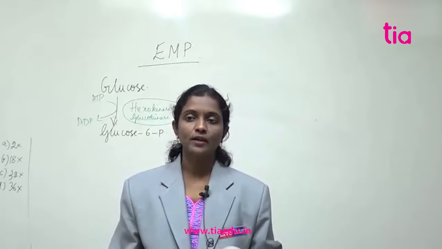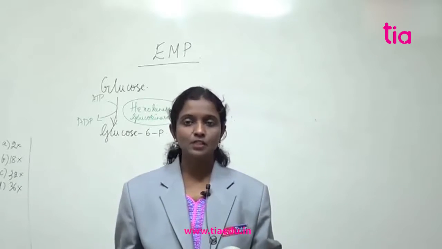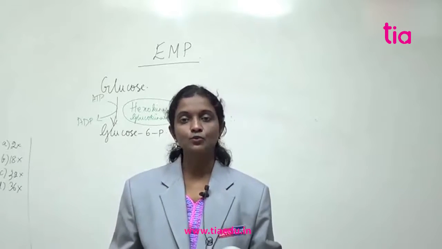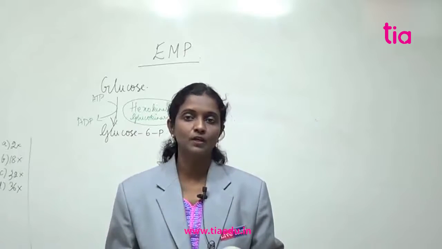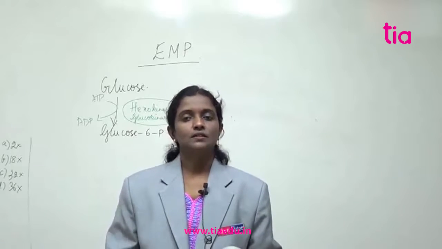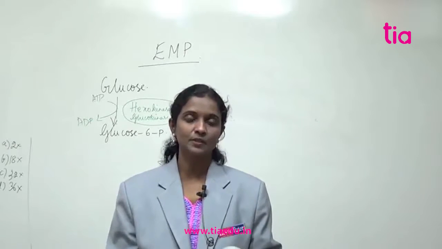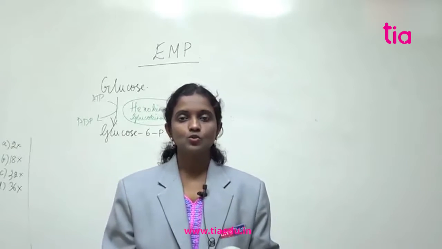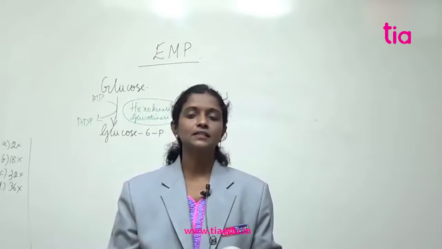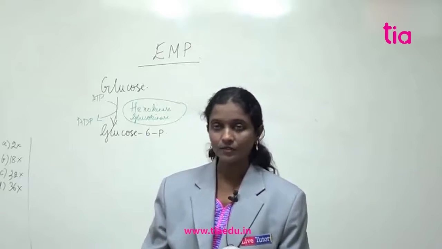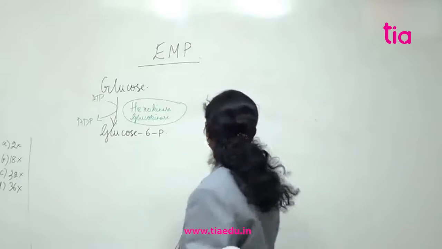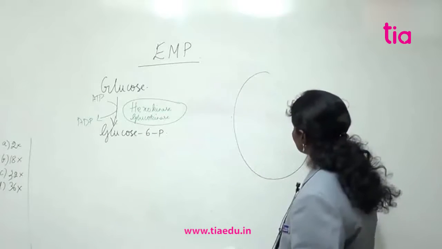They do require special transport mechanisms, unlike diffusion of gases or water. Glucose requires GLUT, that is glucose transporters present in the plasma membrane, so that it can be transported inside the cytoplasm. So this very event of glycolysis, again I repeat, this very event of glycolysis.